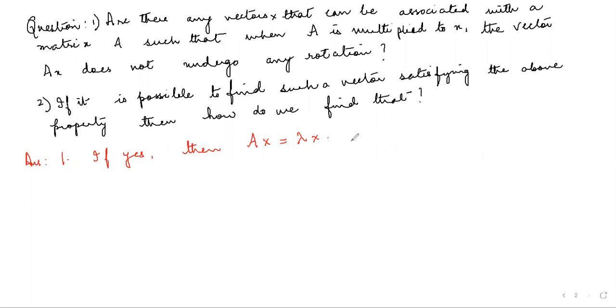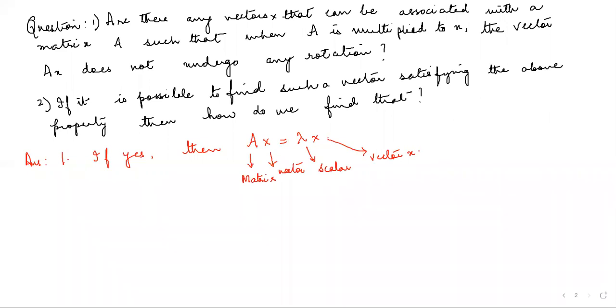That means when the matrix A is multiplied to a vector, it becomes some multiple of the same vector x.